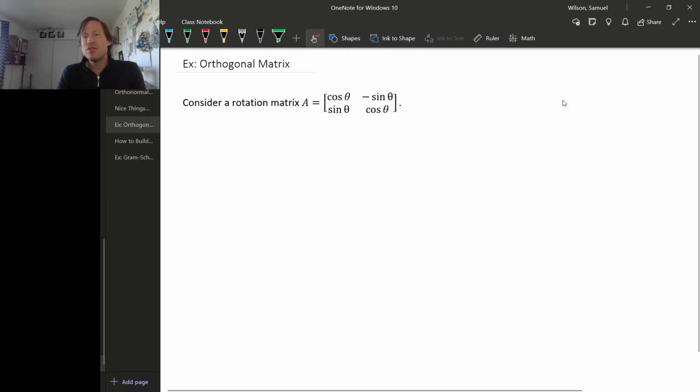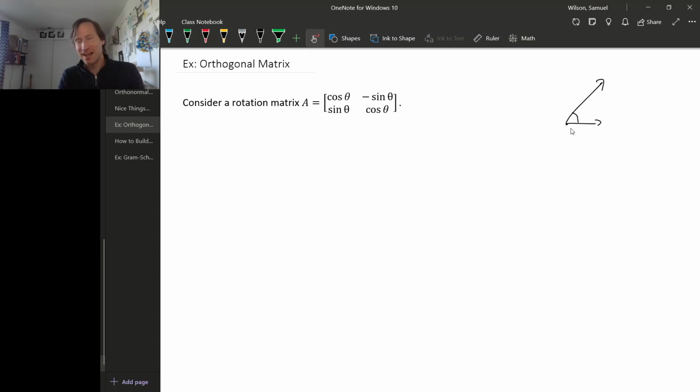Now, if you think about rotation in the plane, if you rotate some vectors, the lengths of the vectors don't change. And also, if you have two vectors in the plane and you rotate both of them through the same angle, the angle between them doesn't change. And that means that a rotation should be an isometry, because before and after rotation, lengths are the same and angles are the same.